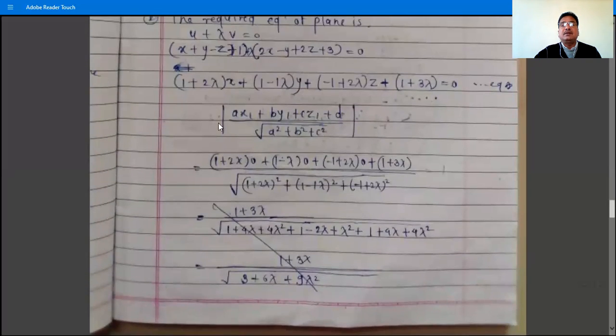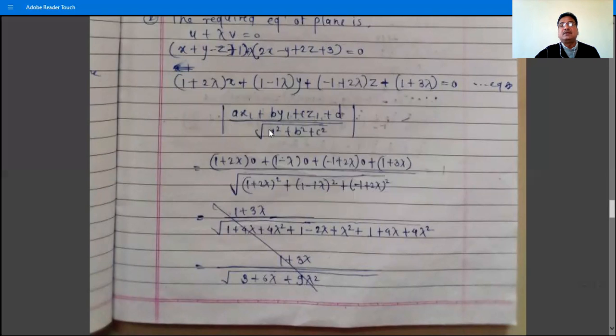In mod, the distance of the origin from this plane is what? 1 plus 2 lambda into 0 plus 1 minus lambda into 0 plus minus 1 plus 2 lambda into 0 plus 1 plus 3 lambda, divided by root of 1 plus 2 lambda whole square plus 1 minus lambda whole square plus minus 1 plus 2 lambda whole square, is equal to 1, right?